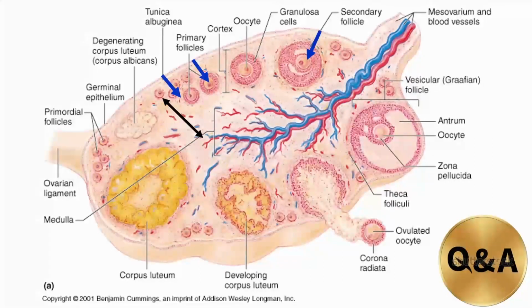And when the surrounding cells start to develop cavities, it is going to be secondary follicle, and these cavities will unite with each other and form a large cavity. And once we have a large cavity, then this is called Graafian Follicle.